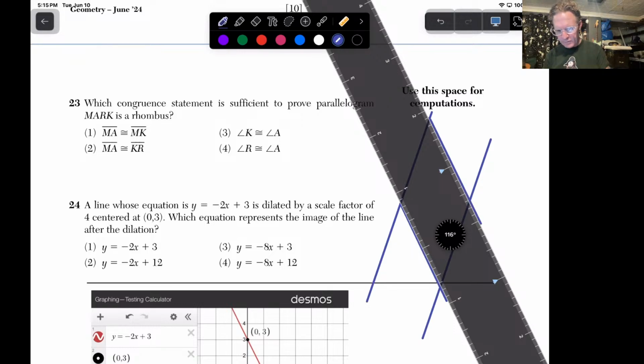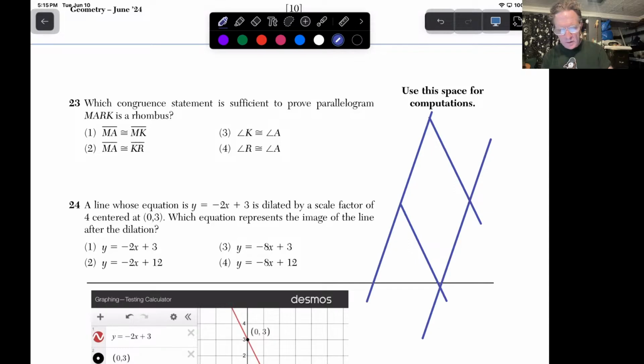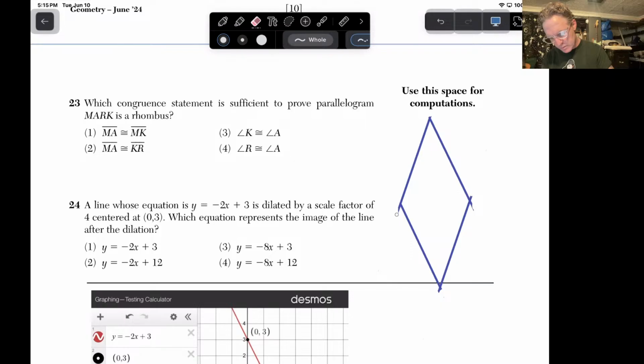And then let's erase the little bits on the outside, and we have a rhombus. One of my professors at Teachers College showed me that. Thought that was pretty cool.